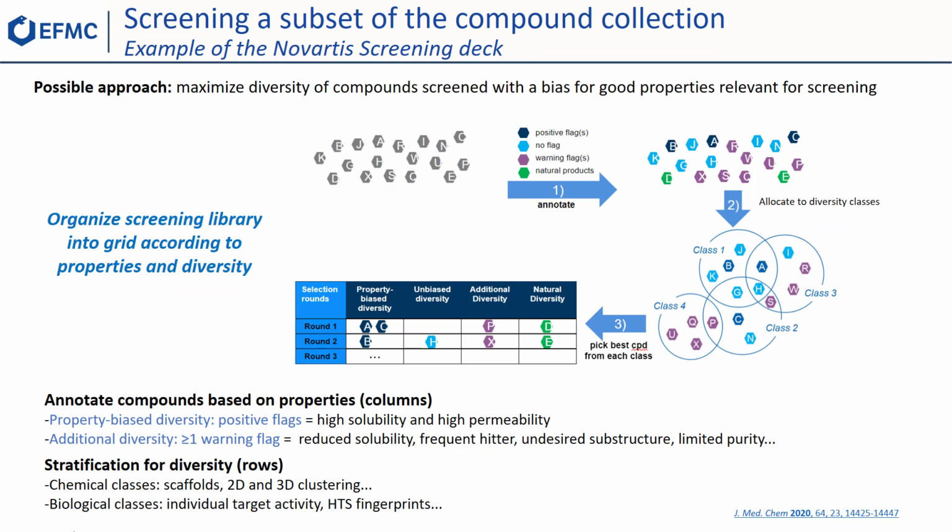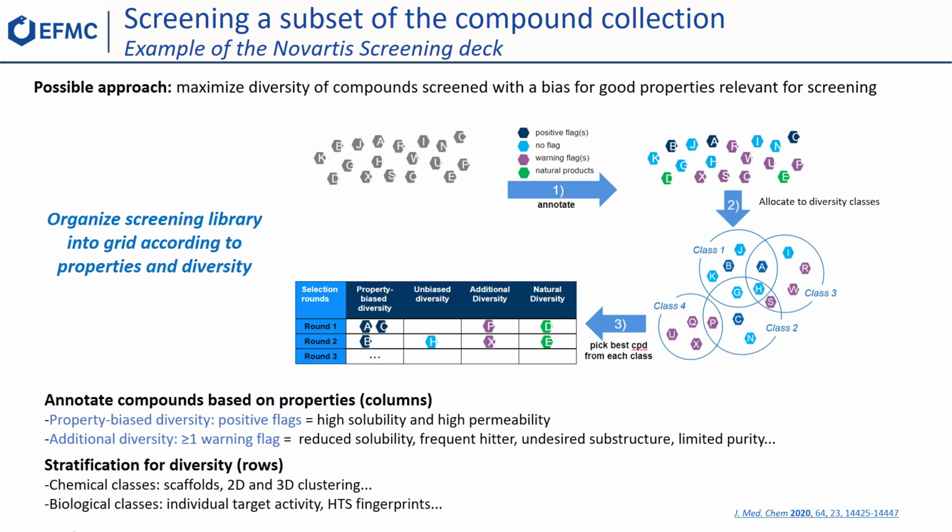Now, for a long time, the default was, if your assay allows it, you should screen the whole library. But this has changed over the years, and many people now think that screening a subset of the library not only will save you time and money, but also may be more successful.